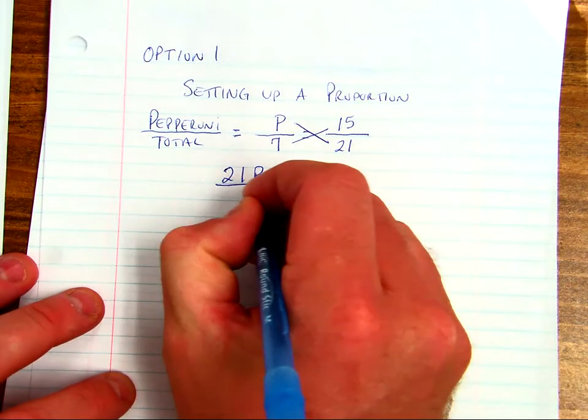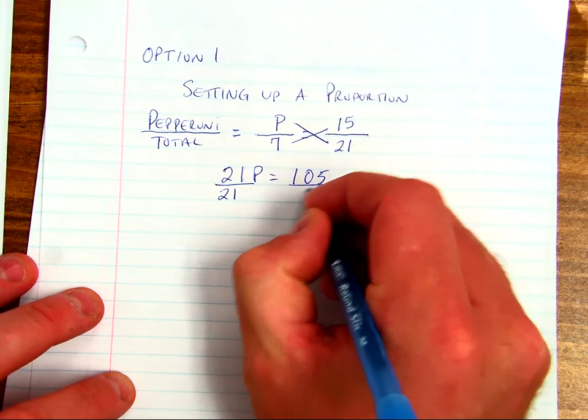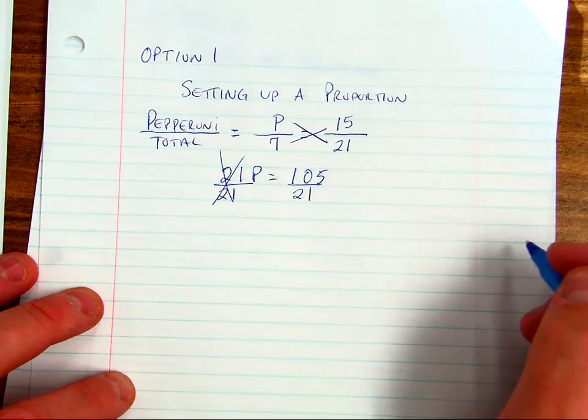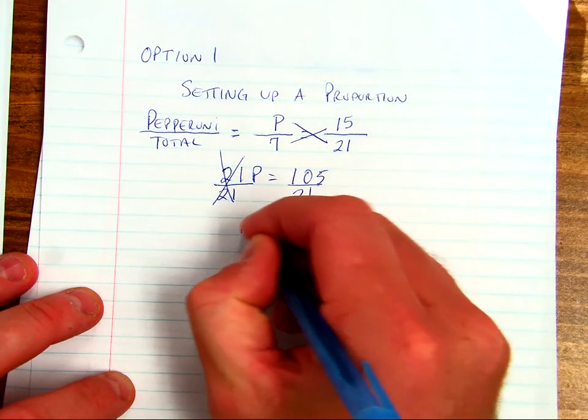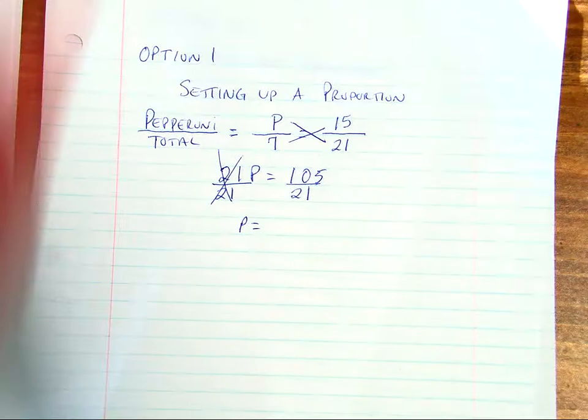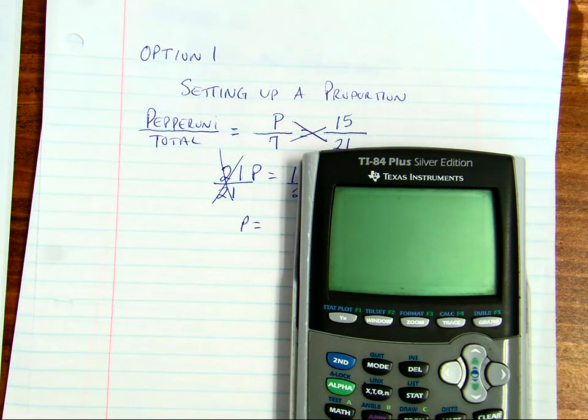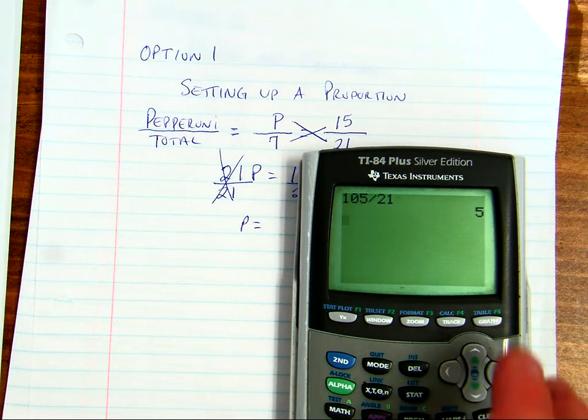To solve this equation, we divide both sides by the coefficient. 21 divided by 21 is 1. And 105 divided by 21 is 5.